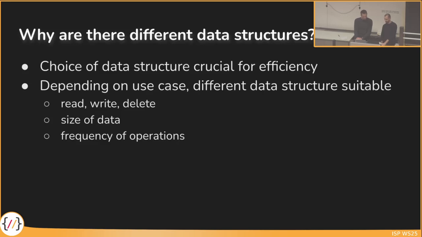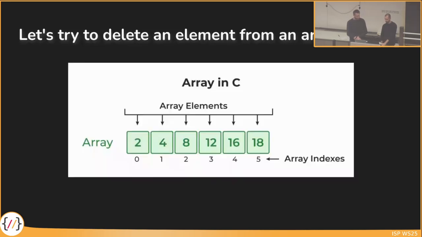And now I have the problem that I want to delete one of my, in this case, numbers, at index 1, out of my array. So we have created this array, and now we want to delete an item.